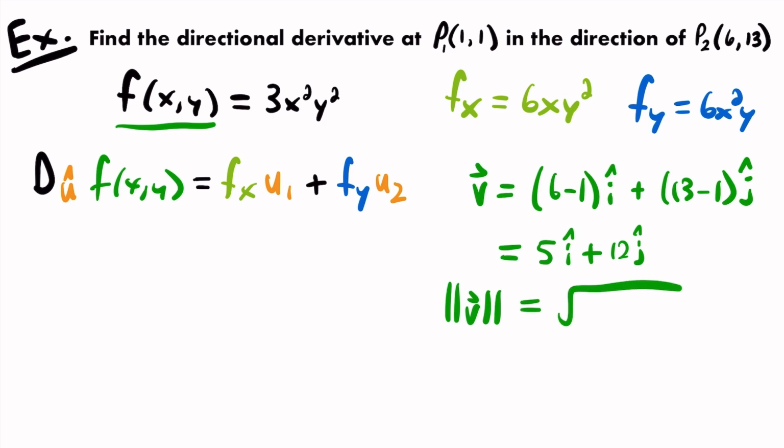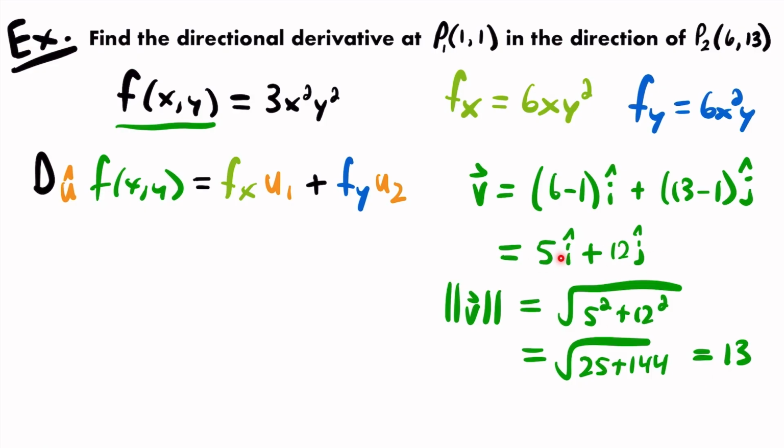Okay, so take the square root of the sum of the components squared. We'll have 5 squared plus 12 squared, and 5 squared is 25, 12 squared is 144, so this is equal to the square root of 25 plus 144, which is 169, and the square root of 169 is 13. So we do get a nice value for the magnitude, but it's not 1.